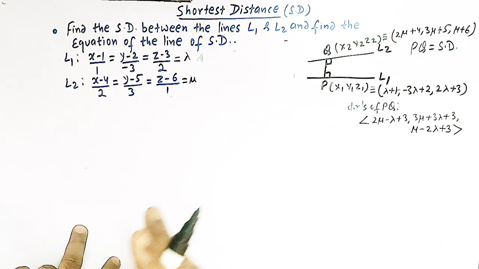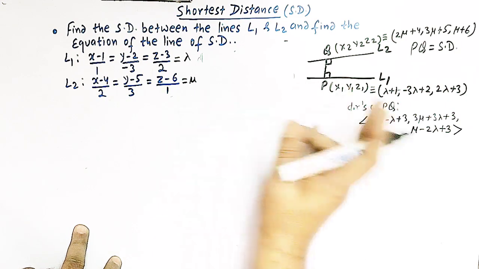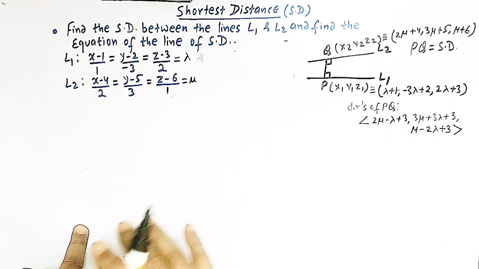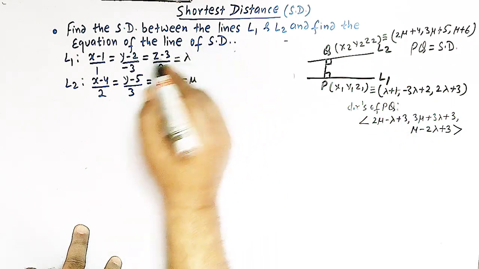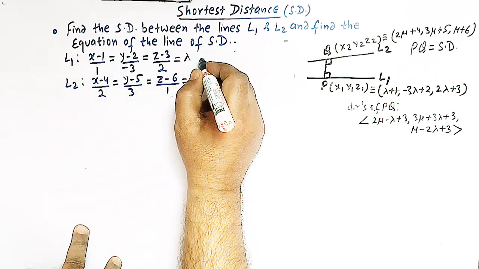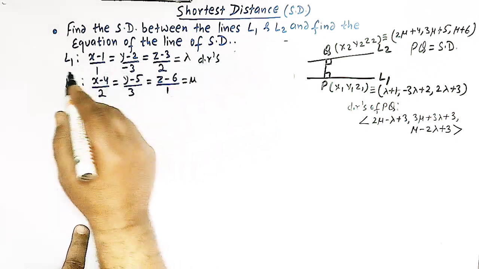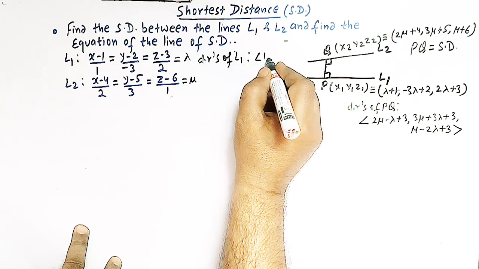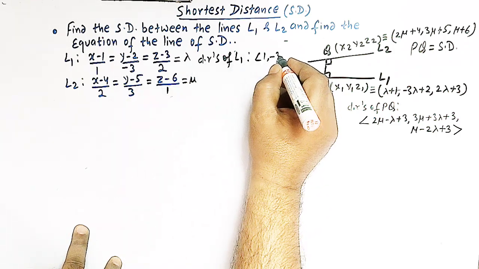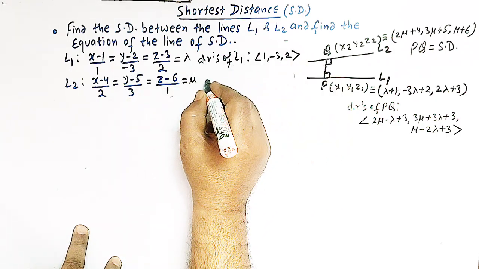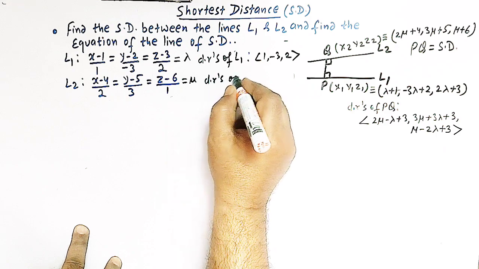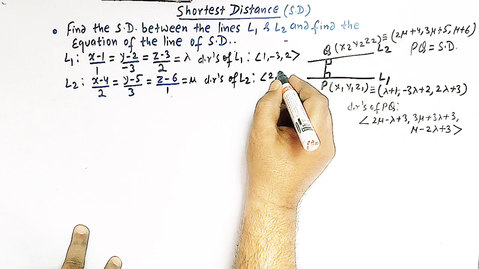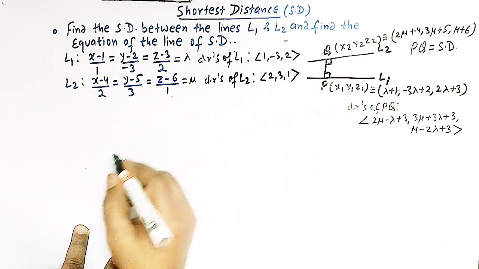So now the next step is to use the condition for perpendicularity of two lines. So here we have the direction ratios of line L1 are given by 1, minus 3 and 2, and the direction ratios of the line L2 are given by 2, 3 and 1, right?